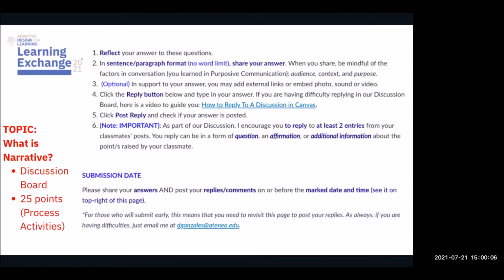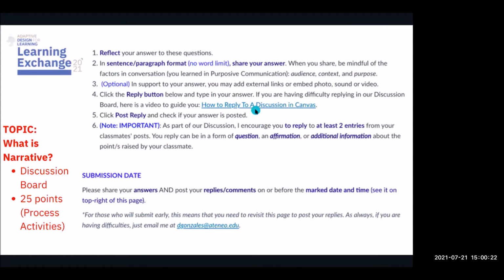So they will share in the form of a sentence or paragraph, and extra if they need to embed a photo, sound, or video. And they need to post it below.